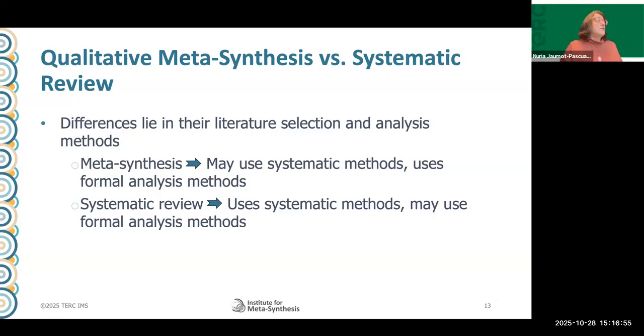And in terms of the analysis, a metasynthesis will use formal analysis methods, and a systematic review may or may not use formal analysis methods to develop the metasynthesis. So given the variability of the methods used in both of these designs, metasynthesis and systematic reviews may look very similar and be called different names. And sometimes these are differences that have to do with the disciplines where they're being done.